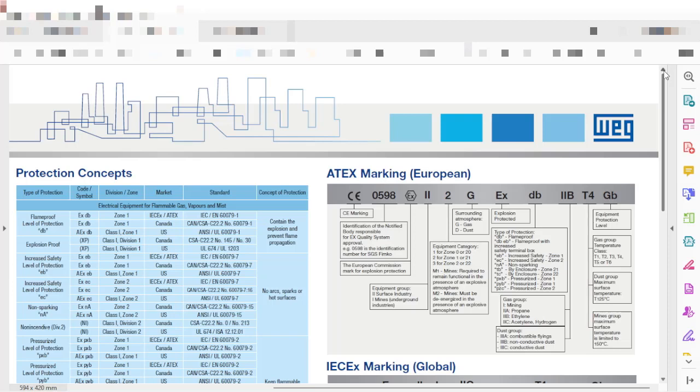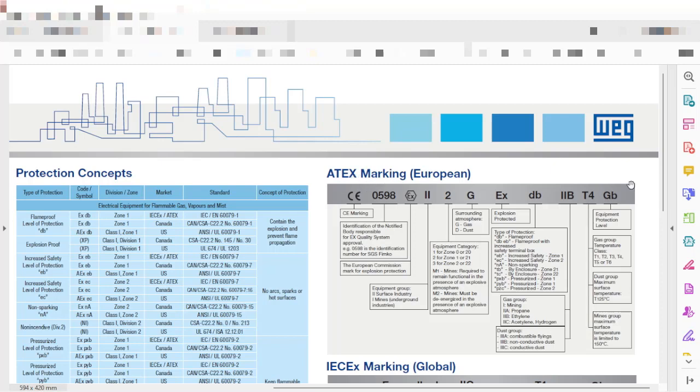The hazard area classification can be frustrating because there are different standards around the world that use different nomenclature to do the classification of the hazard area. For instance, if we are talking about the European market, we have the ATEX.